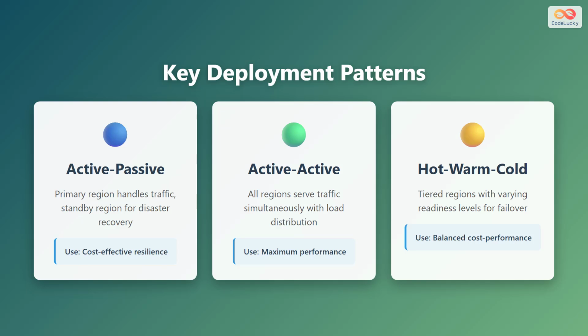This pattern offers the best user experience, but requires more sophisticated data synchronization. Hot-warm-cold uses tiered regions with varying readiness levels for failover. This balanced approach optimizes both cost and performance by maintaining different levels of infrastructure preparedness across regions.